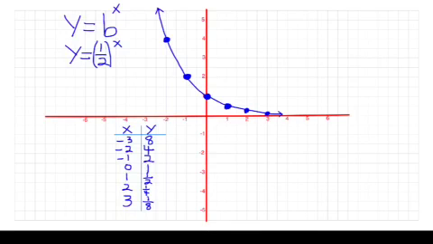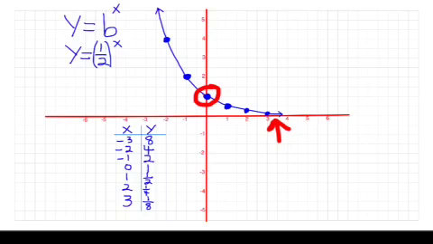Notice it still crosses at 0, 1. That's still one characteristic, even if it's exponential decay this time. But this time to the left of 0, as x goes smaller and smaller toward negative infinity, y goes toward infinity. It gets bigger and bigger at an ever-increasing rate. But as x goes toward positive infinity, as it gets bigger on the right side, then it begins to approach but never reach the x-axis.